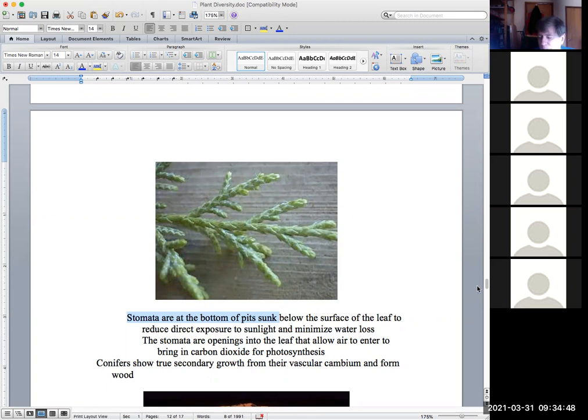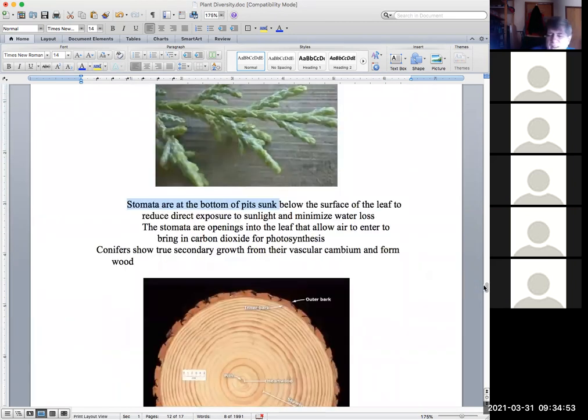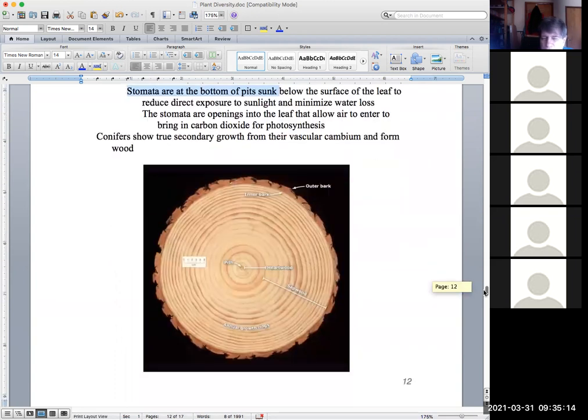So usually if there's a bunch of angiosperms, oak trees, maple trees, beech trees around them, the gymnosperms are kind of in a clearing where a tree fell down. Or they're in a forest that's all conifers. But typically we don't see them as much, just scattered here and there among angiosperm trees.